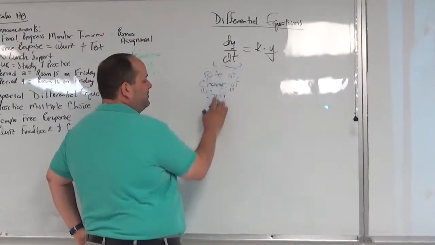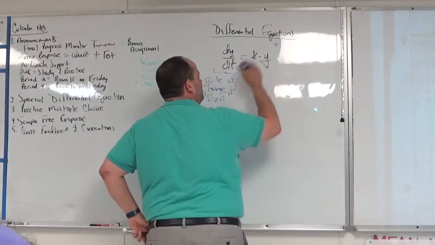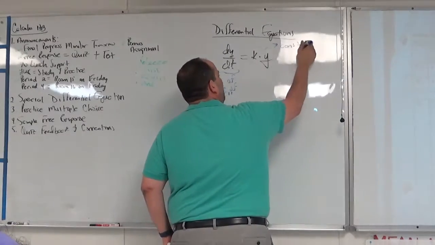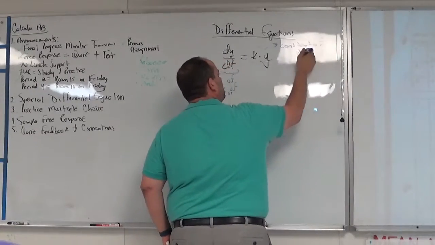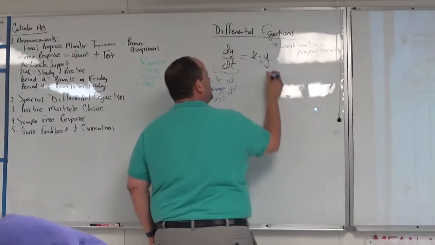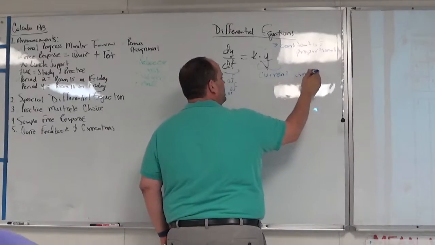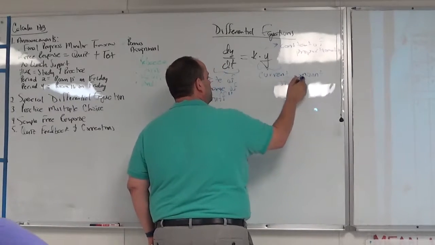If you know that the rate of change of stuff is equal to k, a constant, but it has a fancy name, the constant of proportionality, and y is your current amount of stuff.